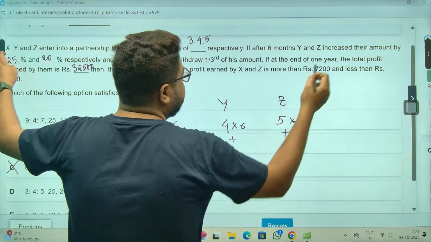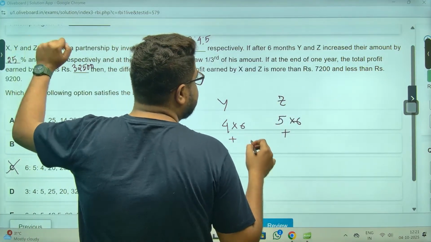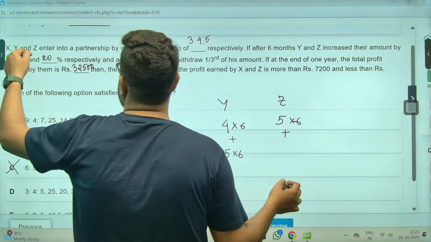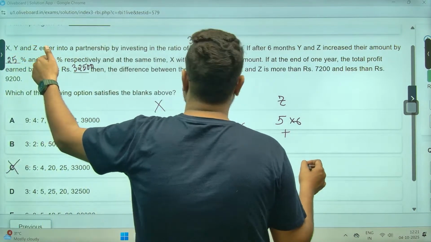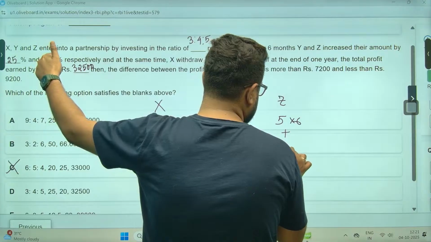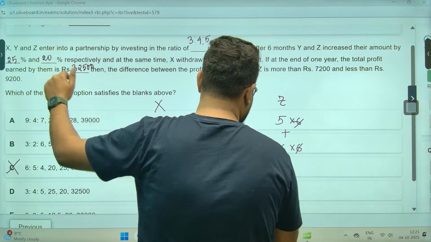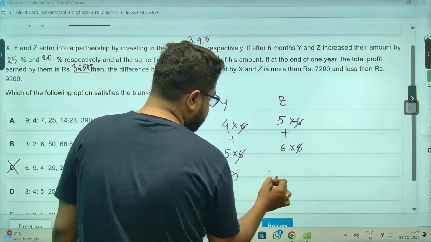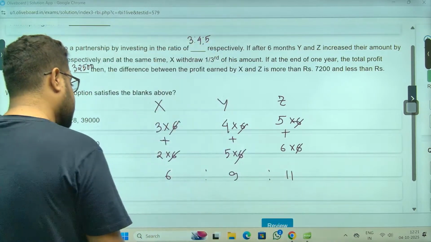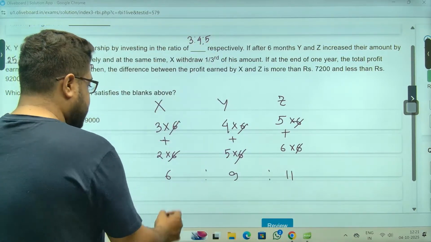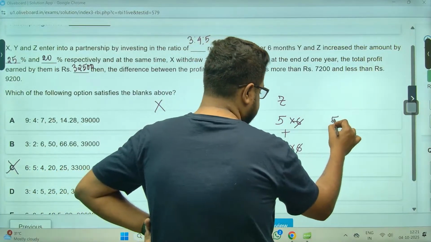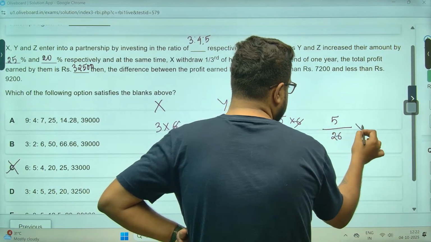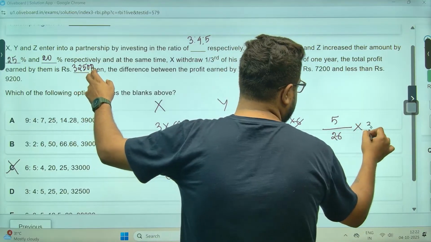And sir, 25% Y will increase. So 25% meaning it will become 5 rupees. Z will increase 20%. So this will become 6. So this will be 6 ratio 9 ratio 11, sir. Correct. So the gap will be, sir, 5 parts out of 26 parts. About 32,500.